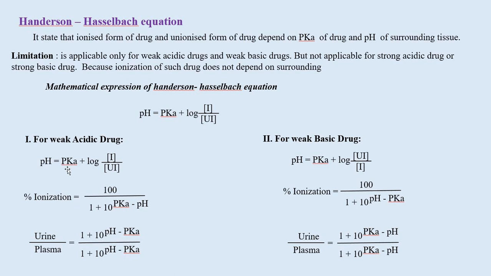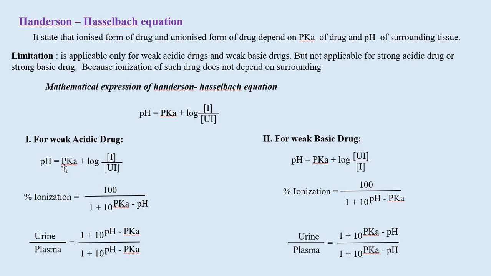How? See here. pH is equal to pKa plus log of ionized form of drug divided by unionized form of drug. This is the equation for calculation of pH, for a weak acidic drug.